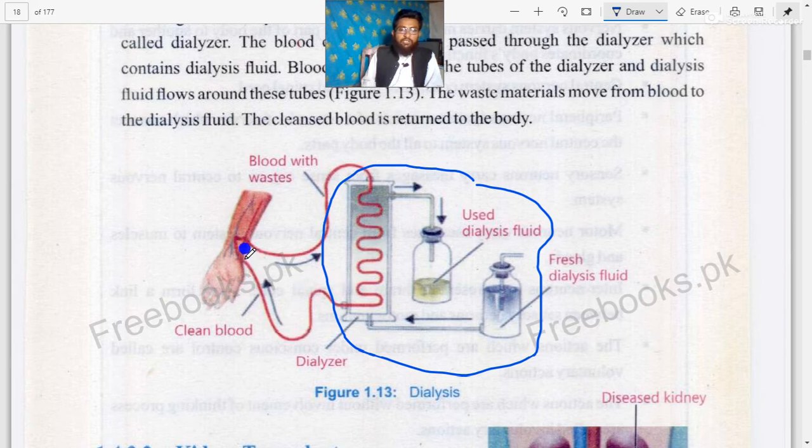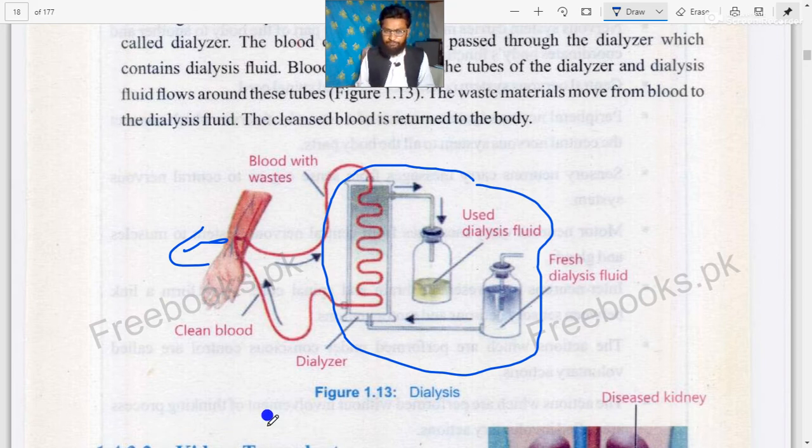These tubes are connected with both the dialyzer machine and the human blood, because this is the hand of a human being. Within the hand, two vessels, a vein and an artery, are present.